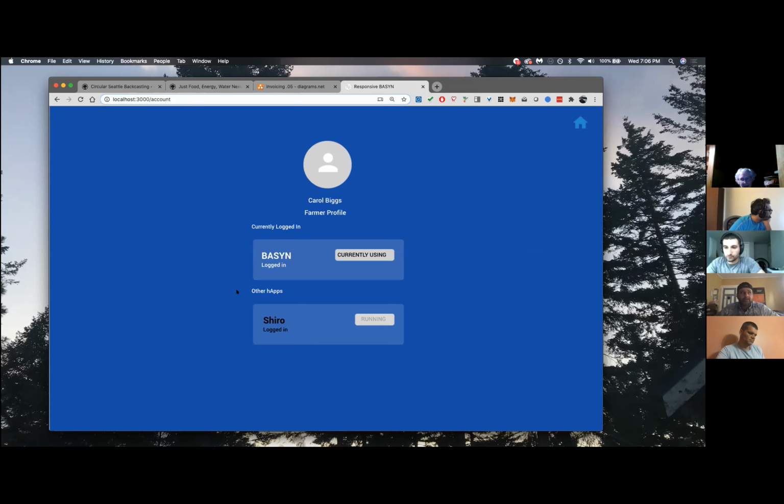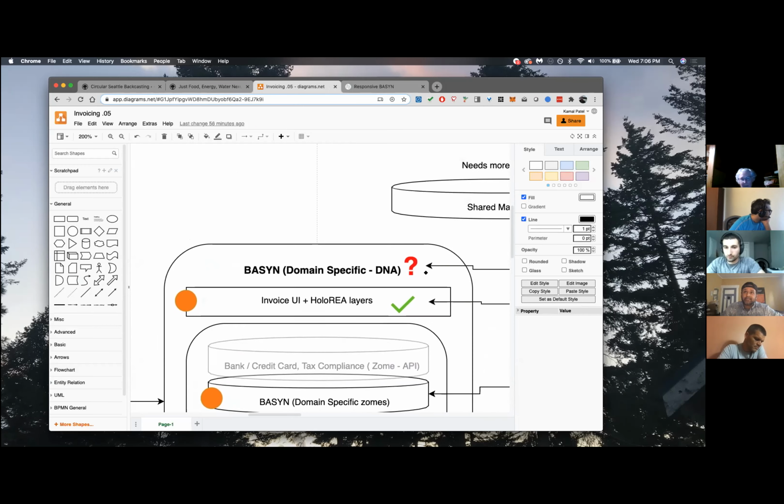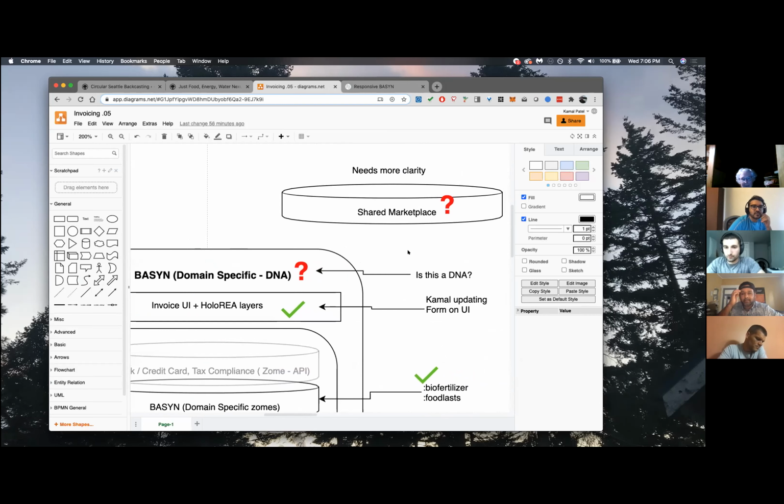What we were trying to figure out was maybe we have a pro version of Basyn and then an open version, but we realized it actually creates silos. And when we were building the prototype, we realized that this shared marketplace is more and more the need than we imagined.